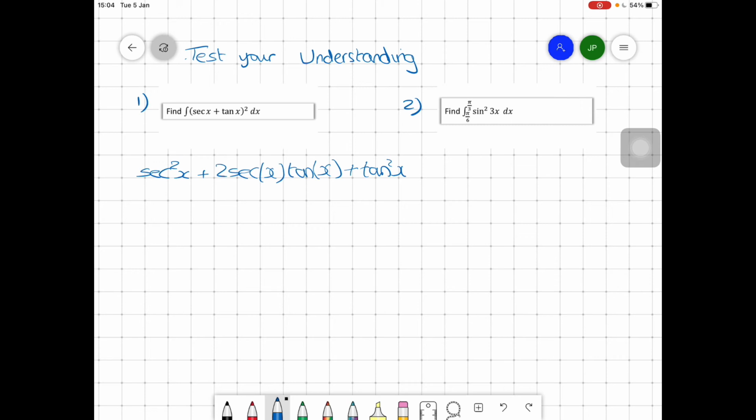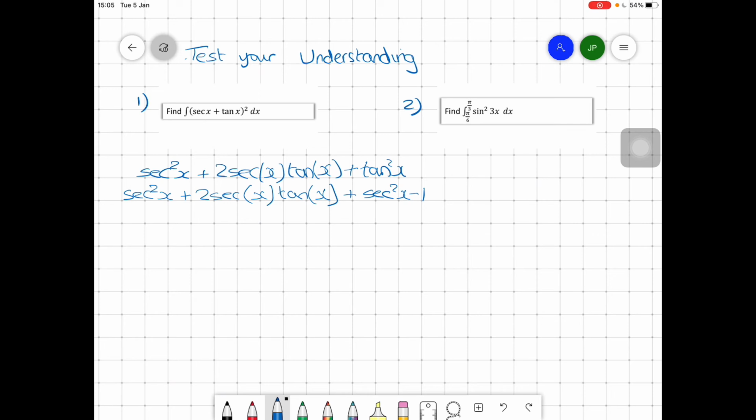So I'm going to keep my sec squared as it is, keep my 2 sec x tan x as it is. They're both parts I am happy to integrate. I know how to use them using standard integral functions. My tan squared x, I'm going to change, as I did in the last example, to a sec squared x take away 1.